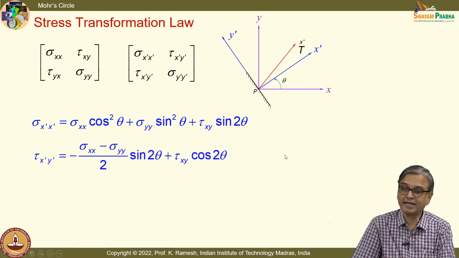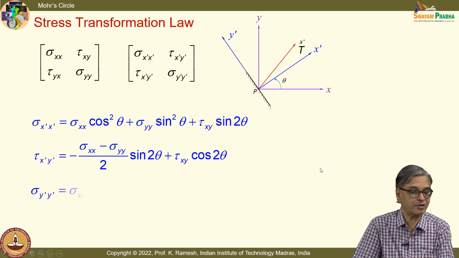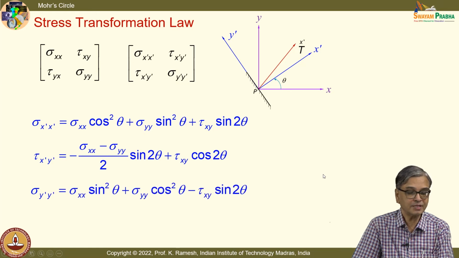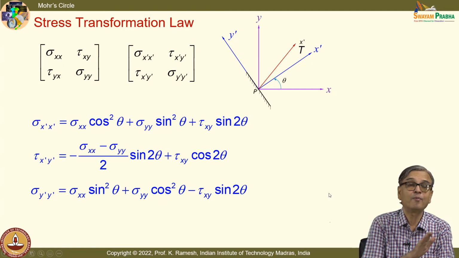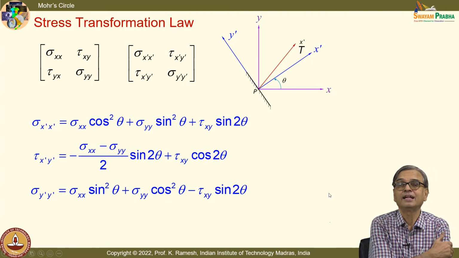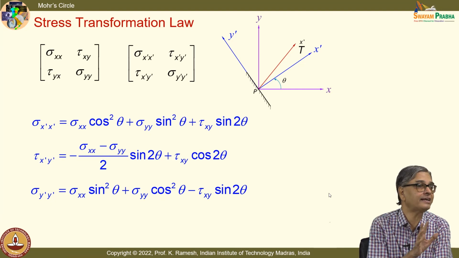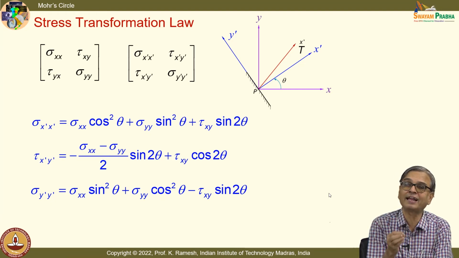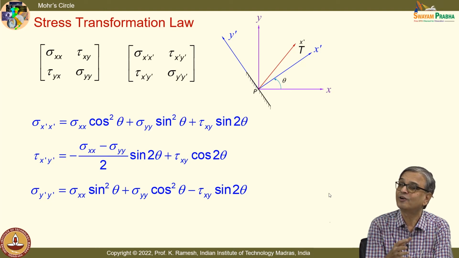It would appear like this. This is basically from your transformation law. Now, the question is, I am going to use the first two expressions, modify them in a manner, and write them in a parametric form. The moment I write it in a parametric form, I will get an idea what curve it represents.